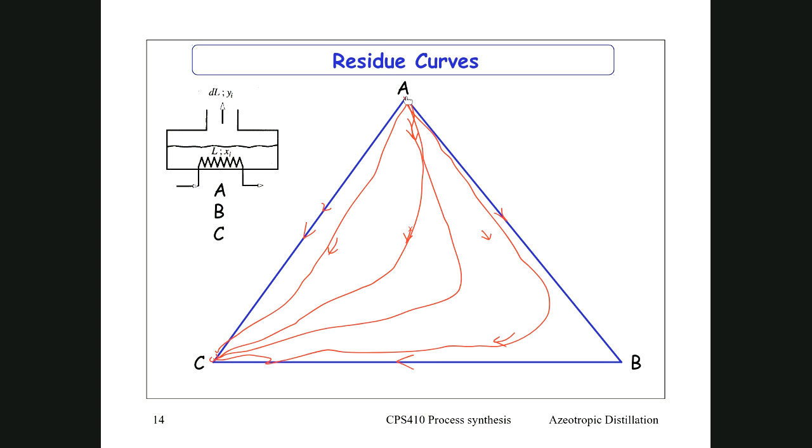So the most volatile component will be the unstable node, and the least volatile component will be the stable node.